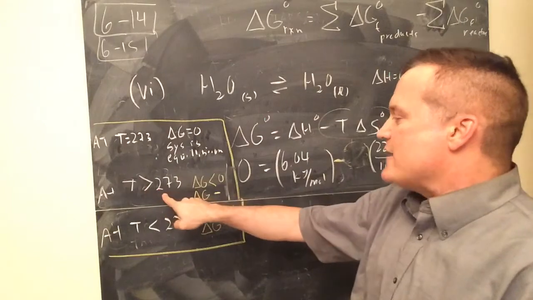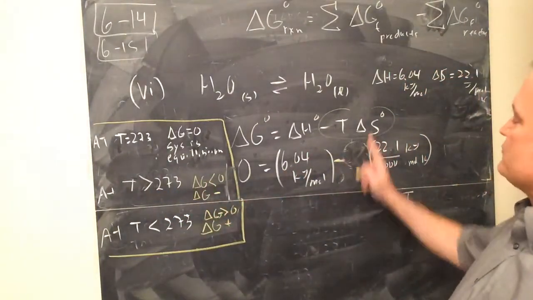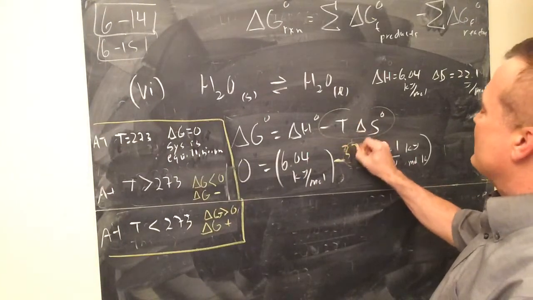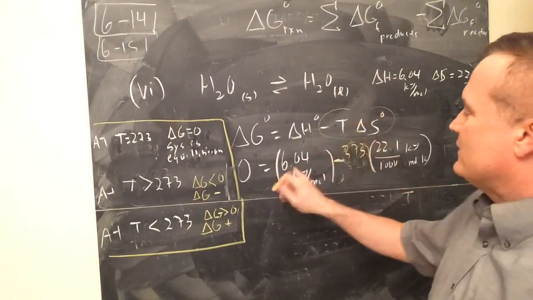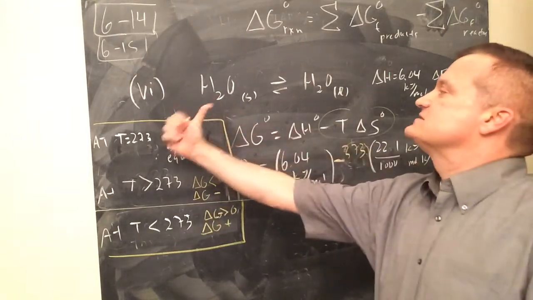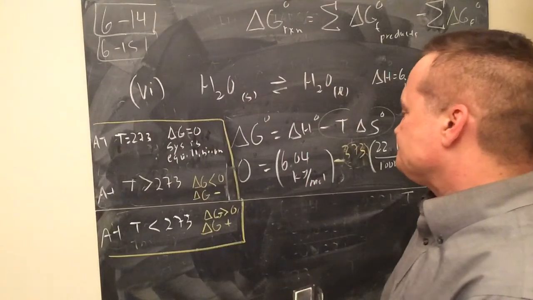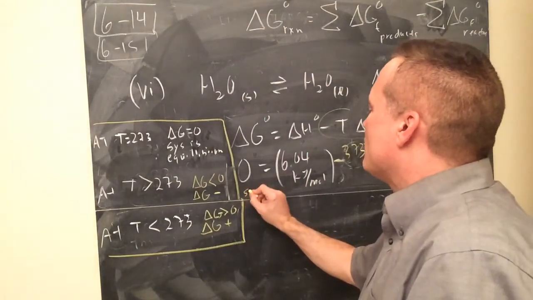If you're at a temperature greater than 273, delta G will be negative, because if that number is really big, like 373 or whatever, you can just try it, you'll get a bigger number. It's negative. The negative term's better. Negative means it's spontaneous in the forward direction. So, spontaneous forward.